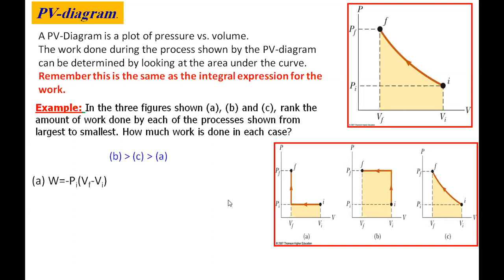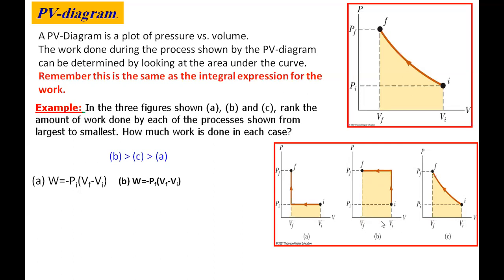Okay. For A, the work equals minus P initial times V final minus V initial, and for B, it equals minus P final times V final minus V initial.